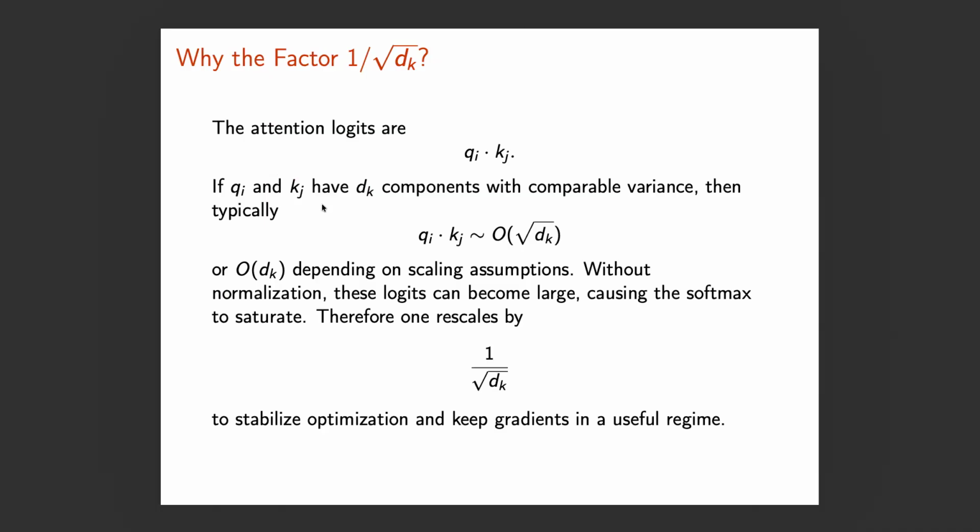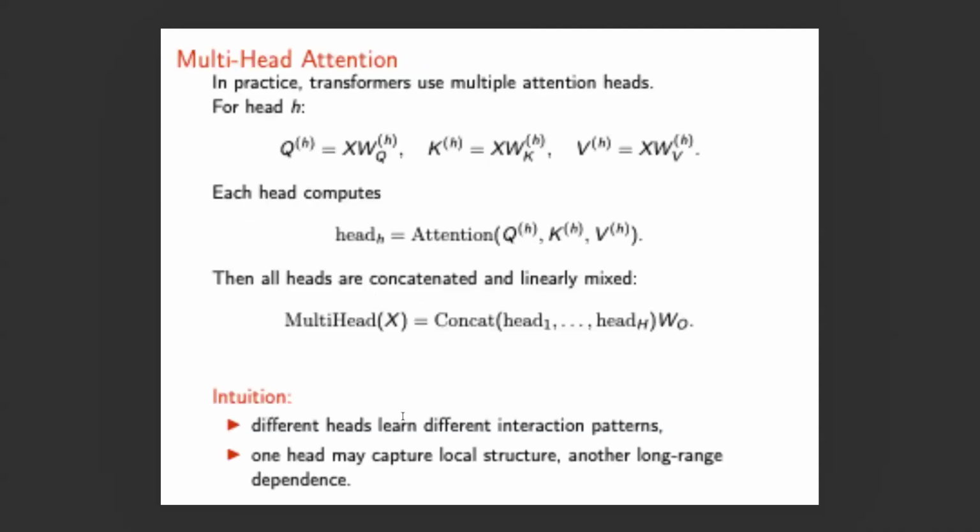The reason we have that is that these two quantities have a set of components, and if they have comparable variance, then typically the product of these two variables will scale like the square root of dk, which is the standard deviation. Without normalizing, they can become pretty large. That's why you scale with this quantity dk, which is proportional to the variance of the product of these two quantities. That is done to stabilize optimization and keep gradients in a meaningful regime.